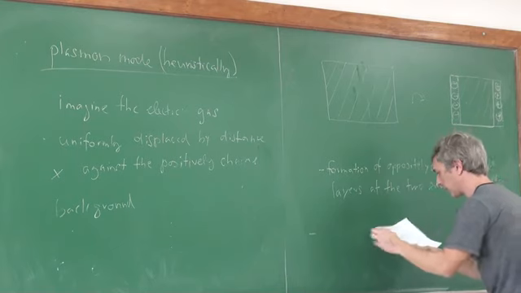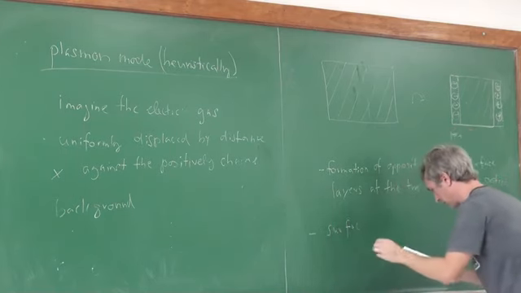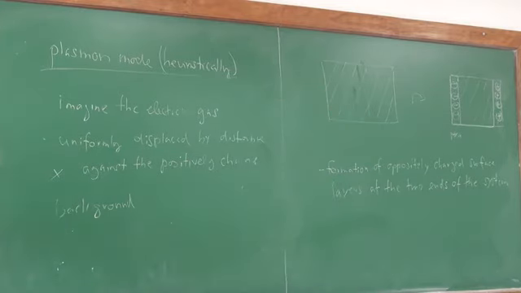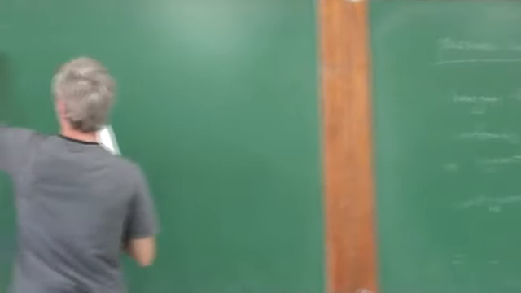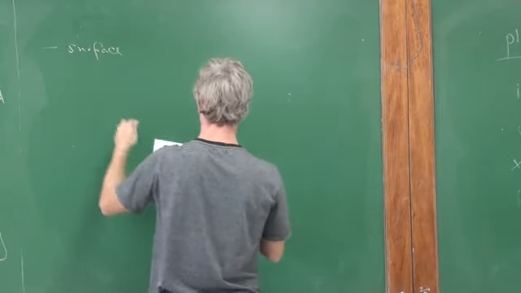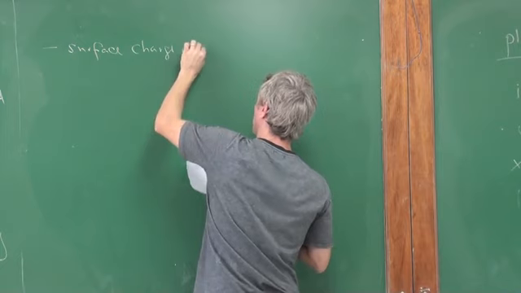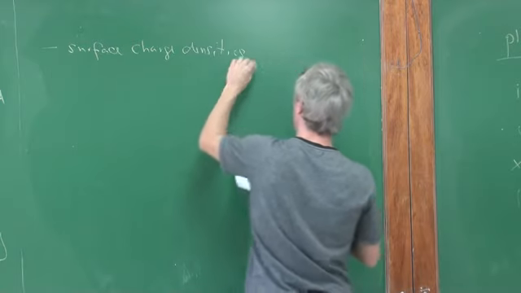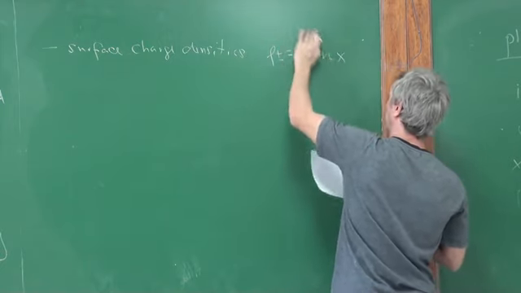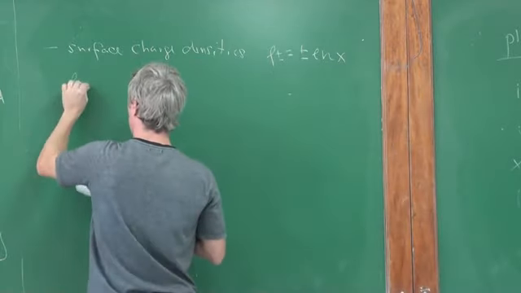And the surface charge densities are just given by rho plus minus, e times the density times the displacement x.